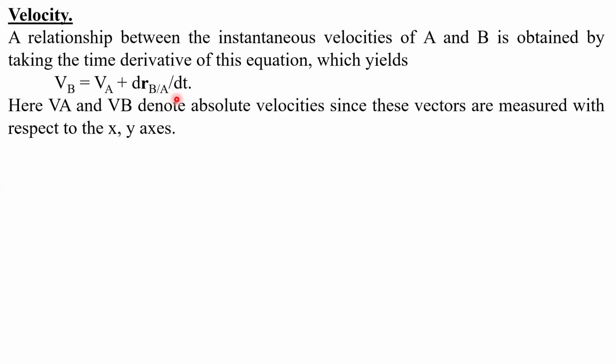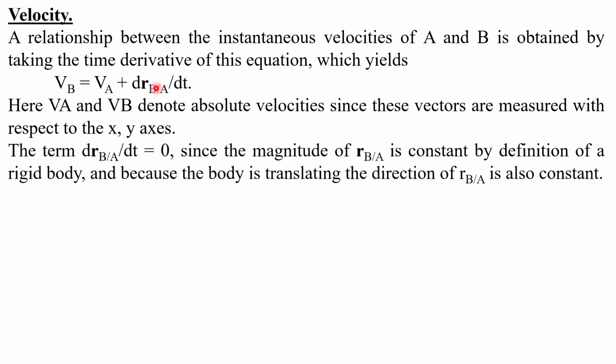So here, V_B and V_A denote the absolute velocities, since these vectors are measured with respect to the fixed X and Y axes. The term d/dt of r_B/A is equal to 0, since the magnitude of r_B/A is constant by definition of a rigid body.